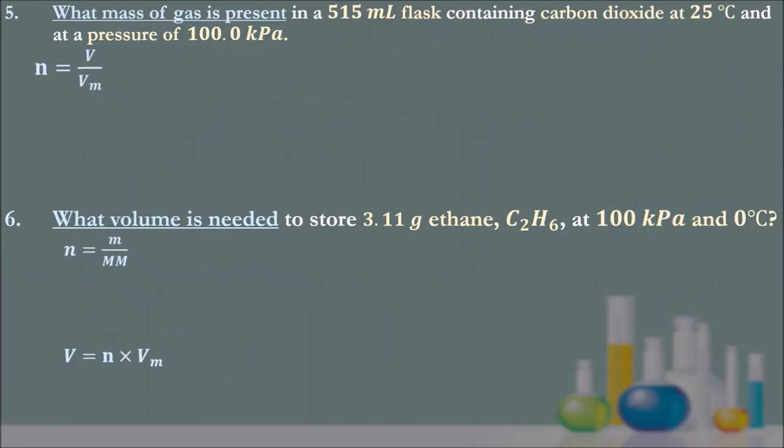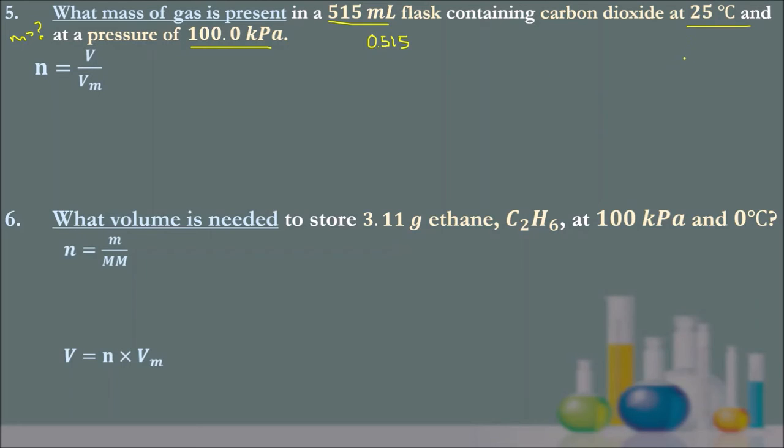All right, so in question 5, we are trying to look for mass. So m is the thing we want to know. We know the volume. Again, convert this into liters, so divide by 1000. We combine it with 25 degrees Celsius, pressure of 100 kilopascals.